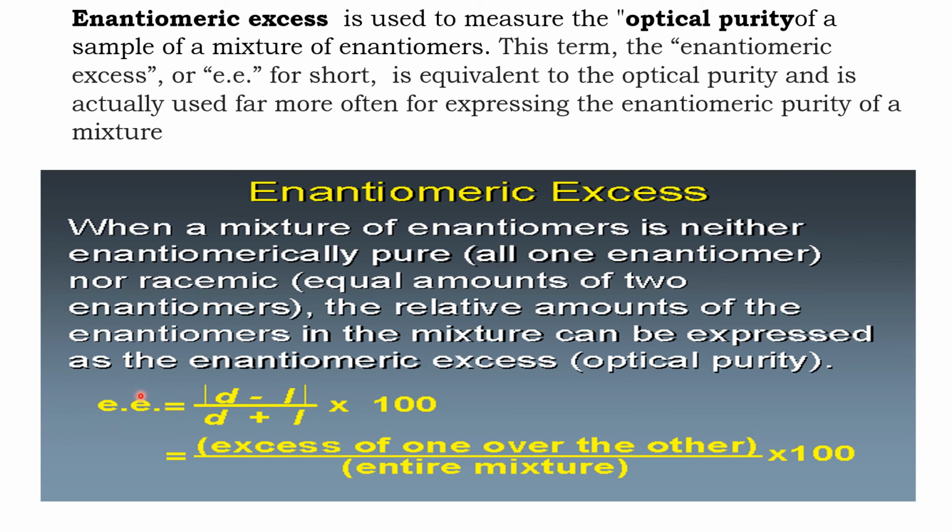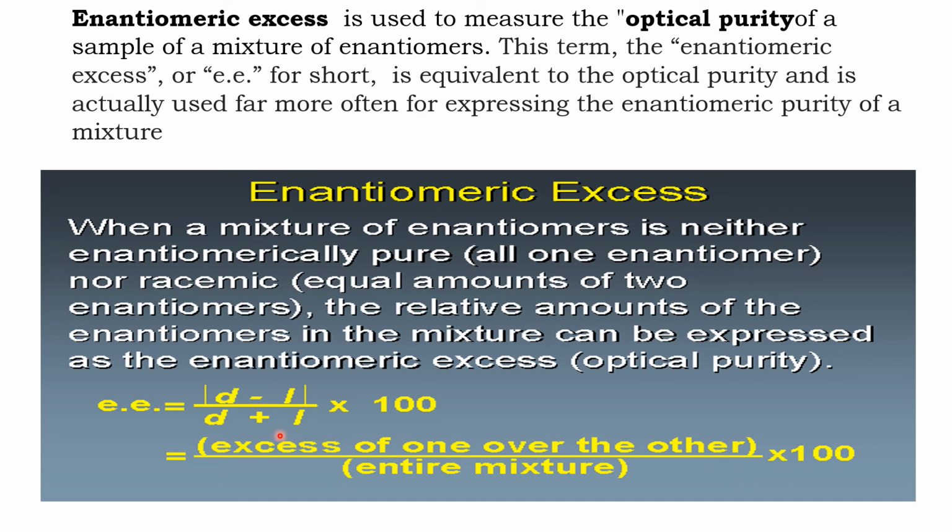You got it? So enantiomeric excess says whether the molecule is completely pure or impure. For example, I have only 500 dextrorotatory molecules. There is no levorotatory molecule. If I calculate the enantiomeric excess, 500 divided by 500 into 100, that means the molecule is 100% pure.